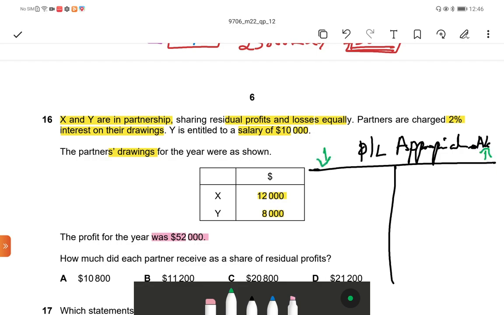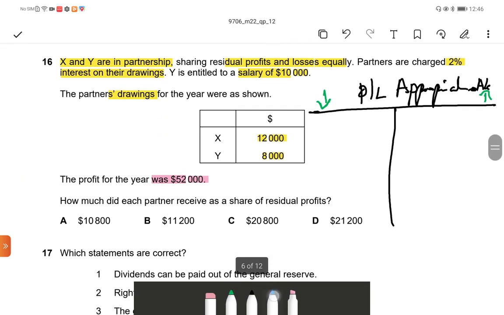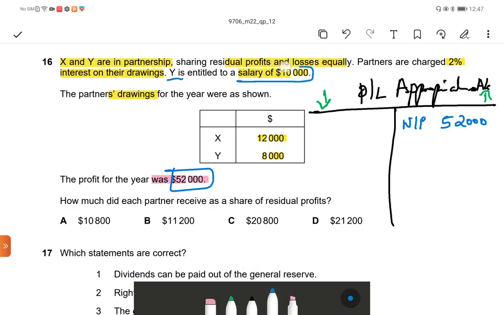So first we start the profit and loss appropriation with the net profit, 52,000. Then salary means the firm has to give to Y. It will decrease the profit. So salary 10,000.